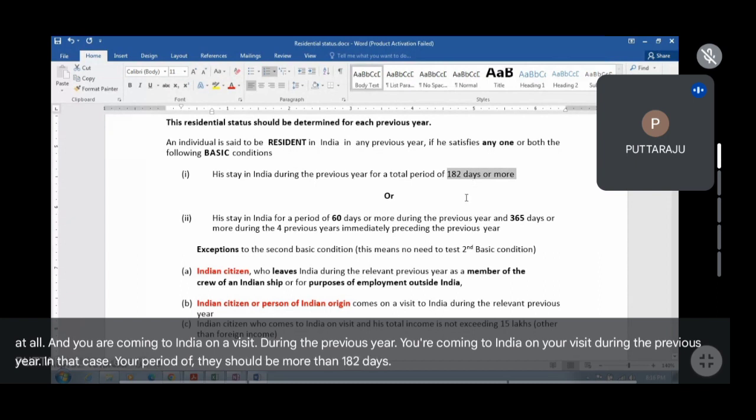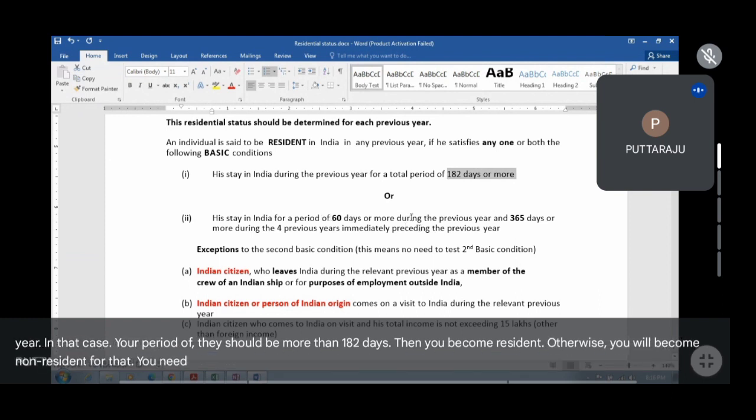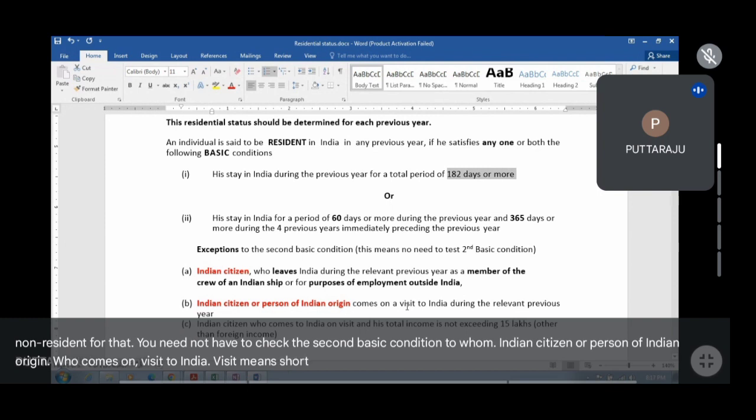Then you become resident. Otherwise, you will become non-resident. For that, you need not check the second basic condition. To whom? Indian citizen or person of Indian origin who comes on a visit to India. Visit means short duration of stay.